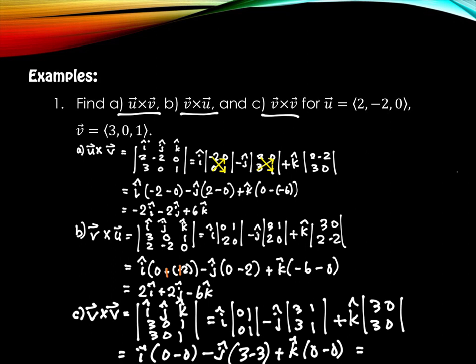Every single one's a 0, right? So this actually ends up giving us the 0 vector. So when we cross a vector with itself, v cross v, the same thing would have happened if I did u cross u. I get back the 0 vector. Now that's a little bit interesting, right? That you would actually operate on yourself and you get back 0. It's like those are somehow inverses of each other to get back to 0.